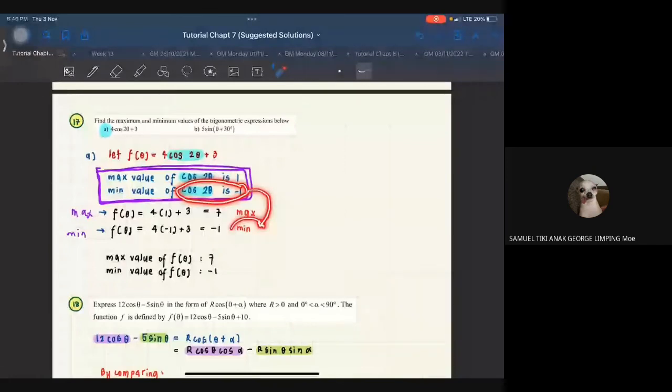Okay, so that's why jangan tulis lagi yang depan ni, kita jangan tulis. Okay, so substitute je dulu, lagi besar mana lagi kecil. So antara 7 dengan negatif 1, kita tahulah 7 maksimum, negatif 1 adalah minimum. Okay.